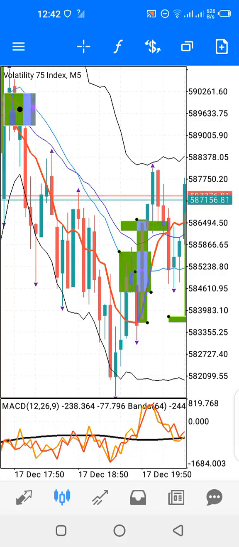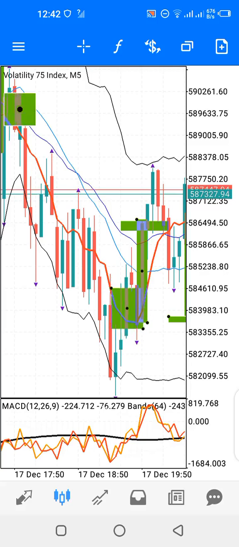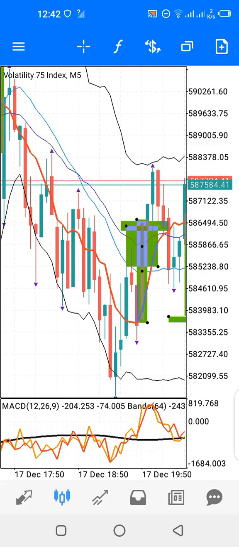The first signal will be a lap across the 13 period moving average somewhere around here. The second signal is the 20 and 30, both. It must lap across both and close above the upper line.